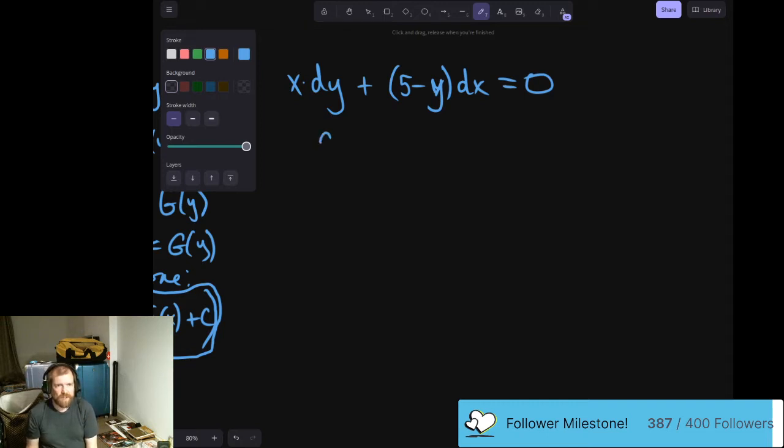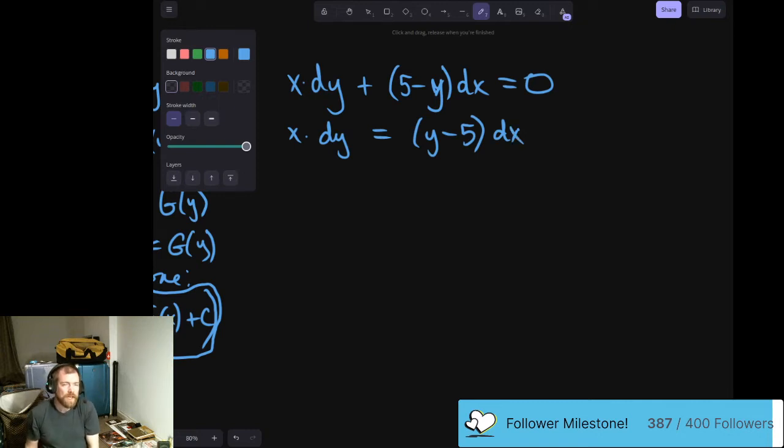So in this particular case, we're going to get x dy, and then we can set this equal to, subtract 5 minus y from both sides, (y minus 5) dx.